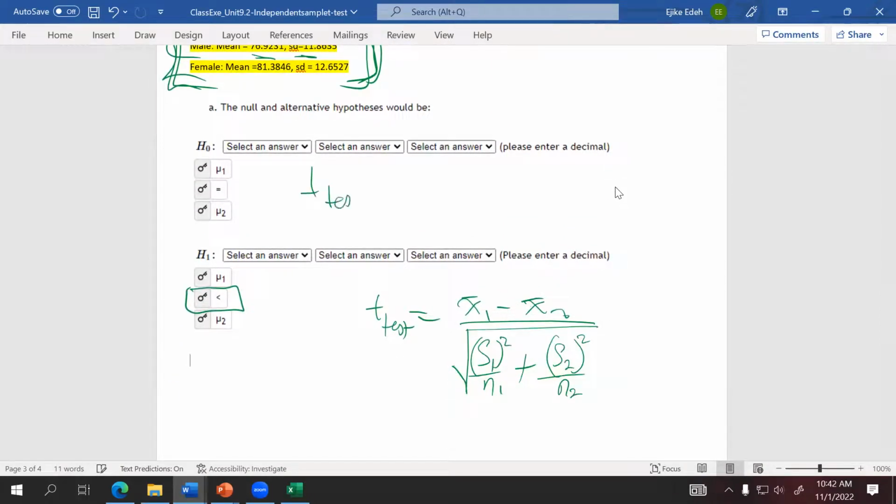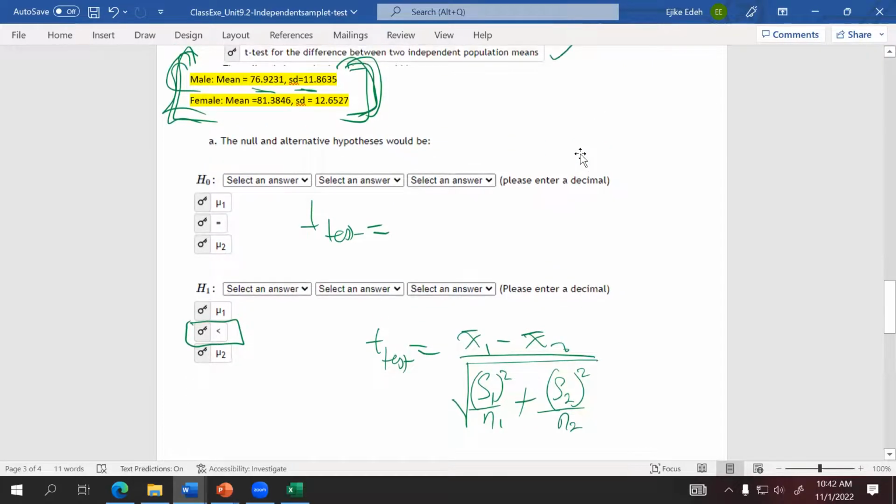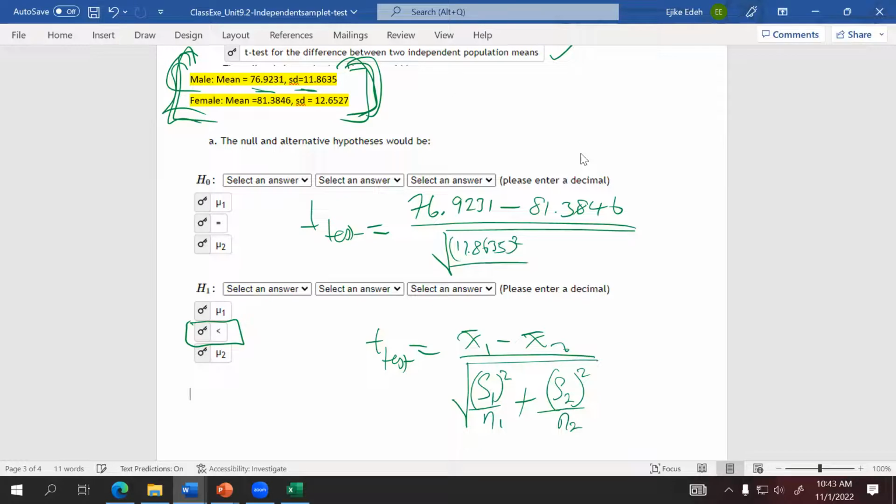So our t-test will be equal to the mean of group 1, which is 76.9231, minus the mean of group 2, which is 81.3846, all over the square root of the variance, right? So for group 1, you have 11.8635, raised to the power of 2, divided by the sample size.